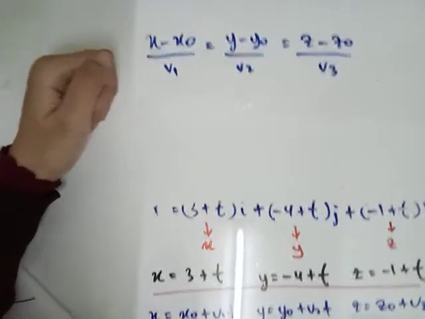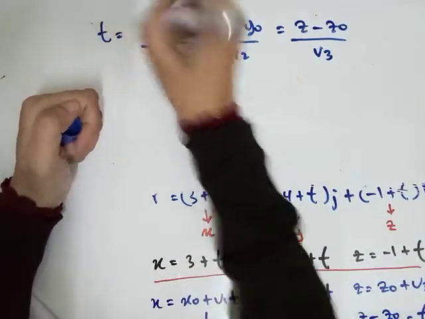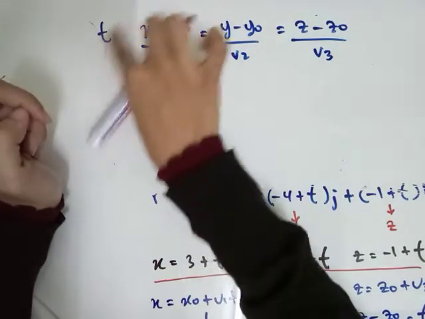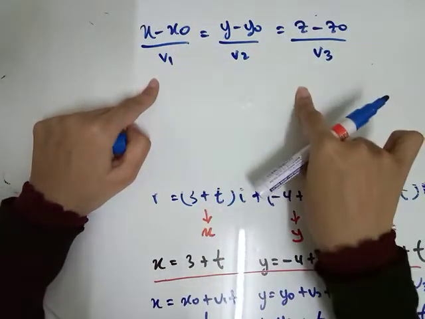Okay, saya combinekan for x, y dengan z sebab tiga-tiga ni equal to t. That means t is equal this one. Okay, tapi tak perlu tulis t. So this is the general form for symmetric equation.